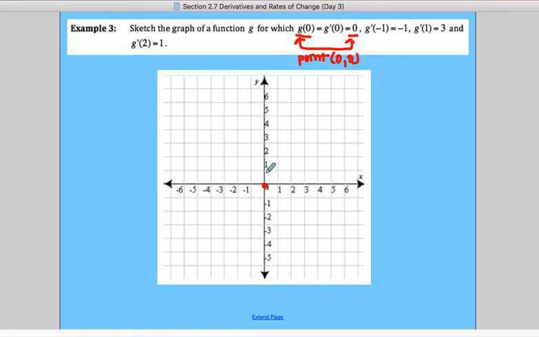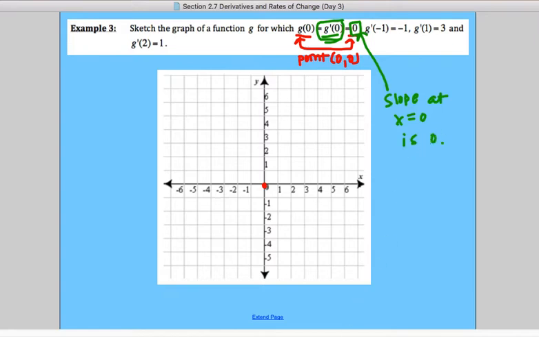So I'm just going to mark that right on here. Okay. Now what does the next piece mean? My derivative at 0 is 0. So when I put these two things together, they tell me that my slope at x equals 0 is 0.